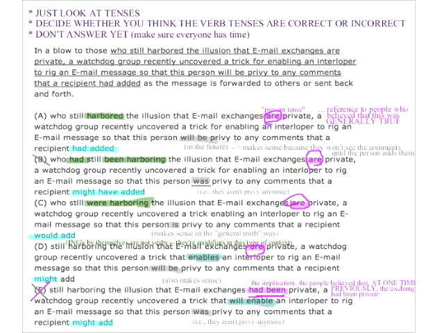Now what about the blue thing? Had added, might have added, would add, might add. Wait a little bit longer for you guys to give some feedback on this one.